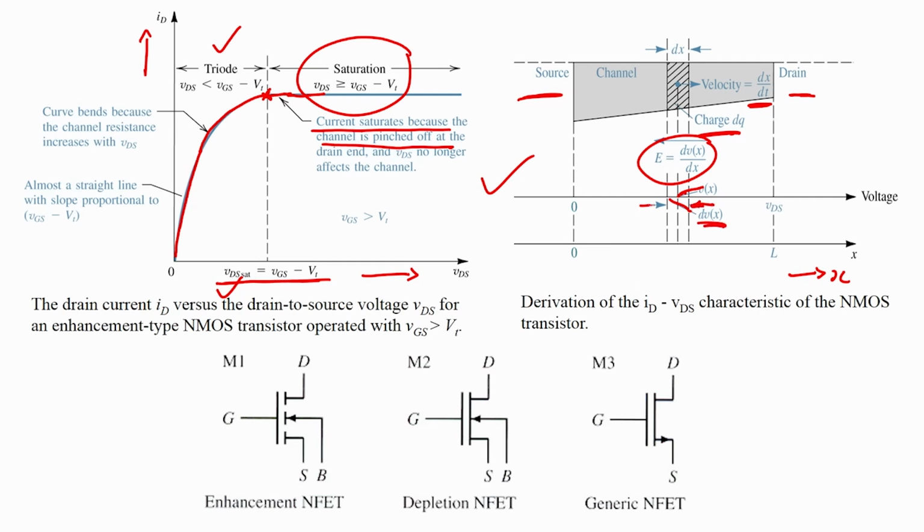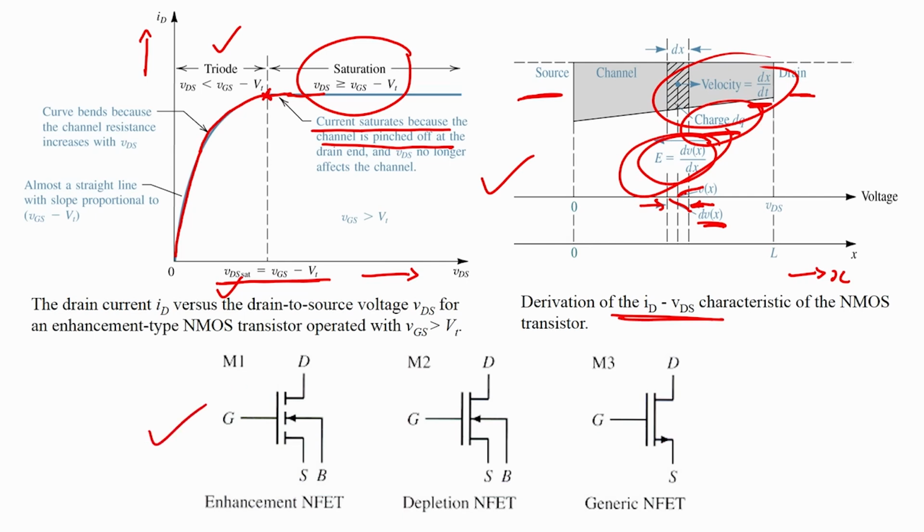If I draw the voltage plot and see how the channel is formed, I can find the velocity, the charge and the electric field, and that is how we can derive the ID versus VDS characteristics of a MOSFET.